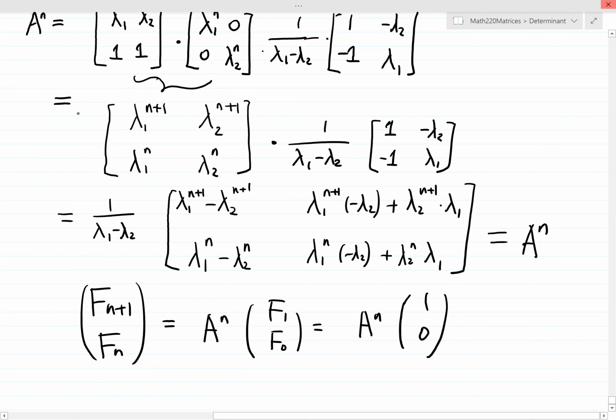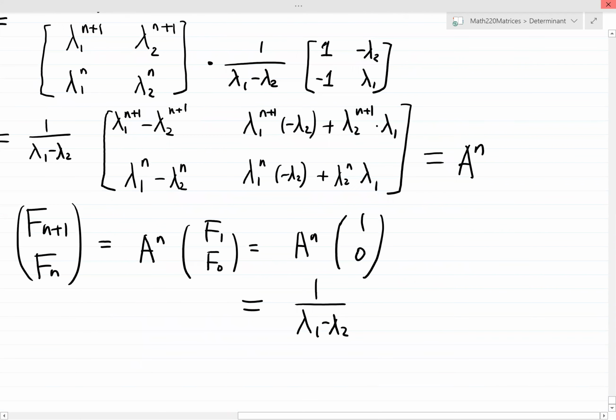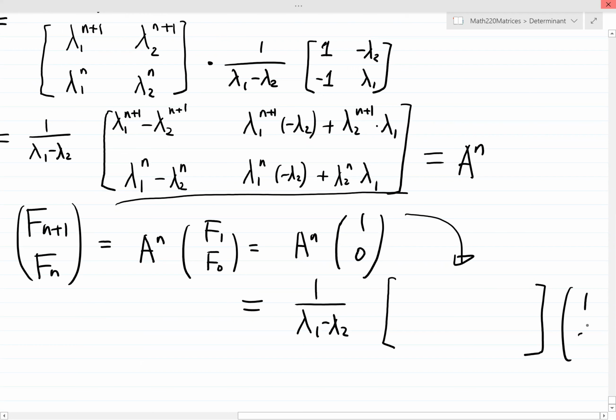Now A to the power n we already know. So we plug in, substitute. This is 1 over lambda 1 minus lambda 2 times this matrix, I don't want to copy it again, times 1, 0.